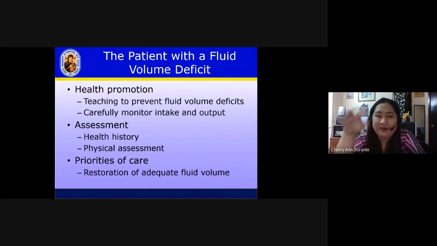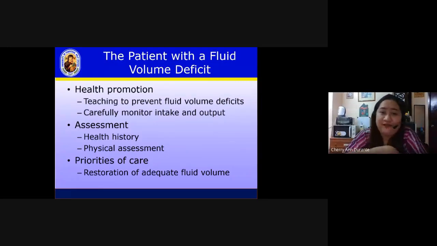That's why, for example, umihi ka, so one urination, mga 250 ml, ini-estimate natin. Pag sinabi mo na, marami-rami yung naihi ko kanina, so siguro mga 300 ml. Kasi you feel the urge to void at 250 ml. Do you know that? The first time that you feel the urge to void, ibig sabihin naiihi ka, mafe-feel mo kapag 250 ml na ang laman ng iyong bladder.